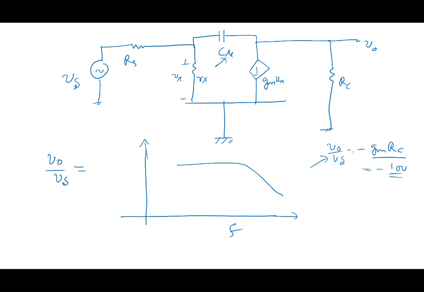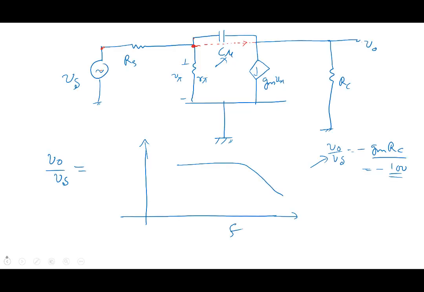High frequencies, this is beginning to get short. Beginning to get short here. This capacitor is acting like a short between here and here. If it's acting like a short, what will it do? Note that this is Vs that you applied here. So the signal at this point would be what?